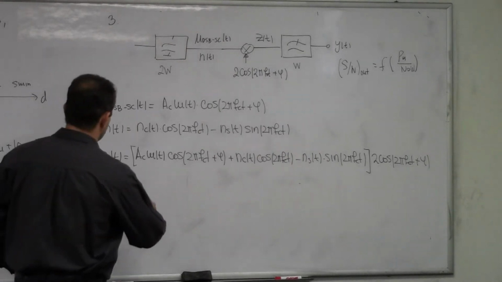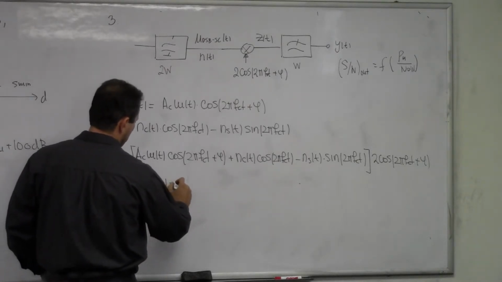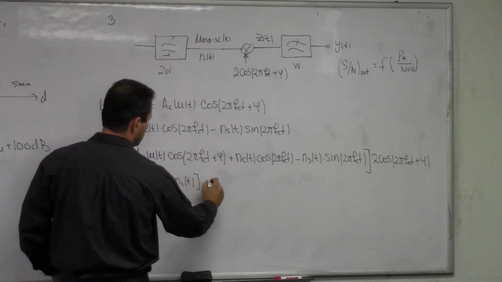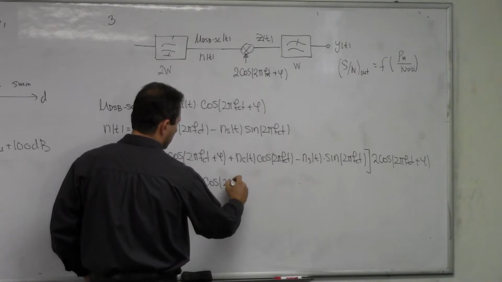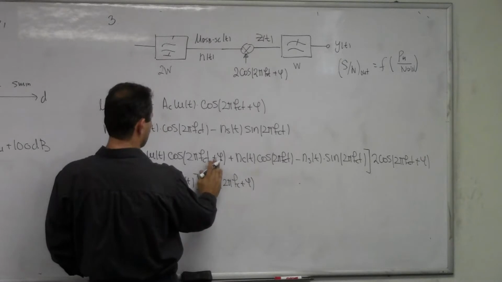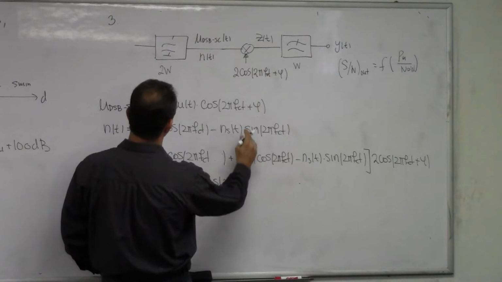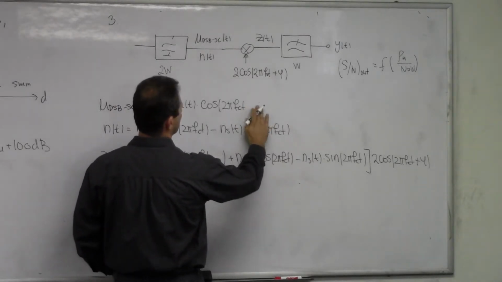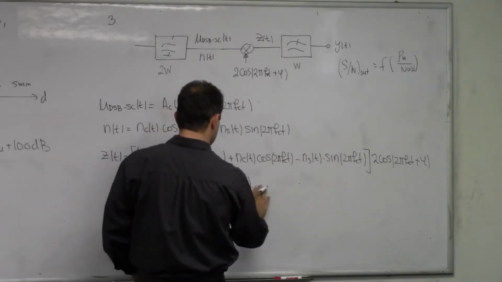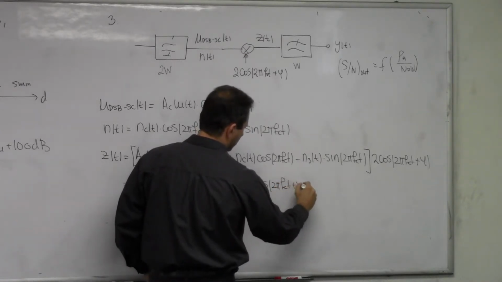Let's do it like this. A_c m of t plus NC of t, that's the first two terms, times cosine 2 pi FCT, and then times cosine 2 pi FCT plus phi.